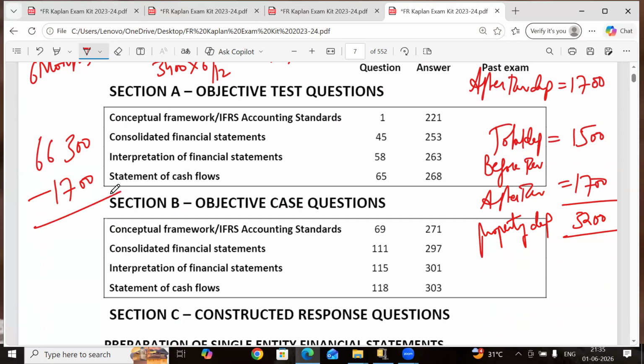Just see how much is that. 64,600. See, this is the property after revaluation. The value of property is this. 6 months depreciation we have to do, because we have to show the asset's carrying amount at the end of the year, that is on 31st March 2006. 64,600.